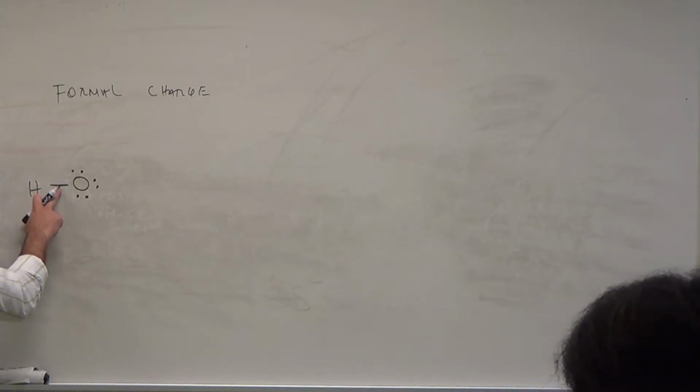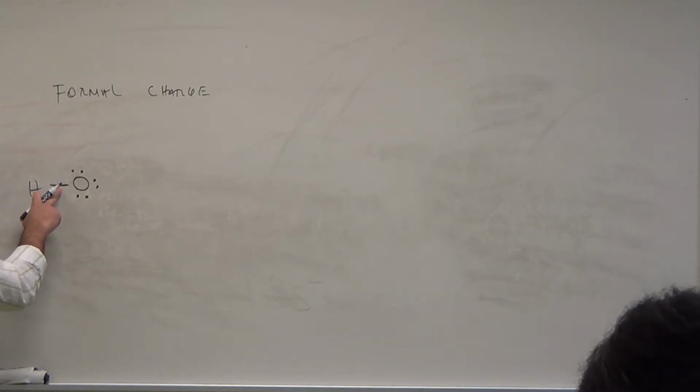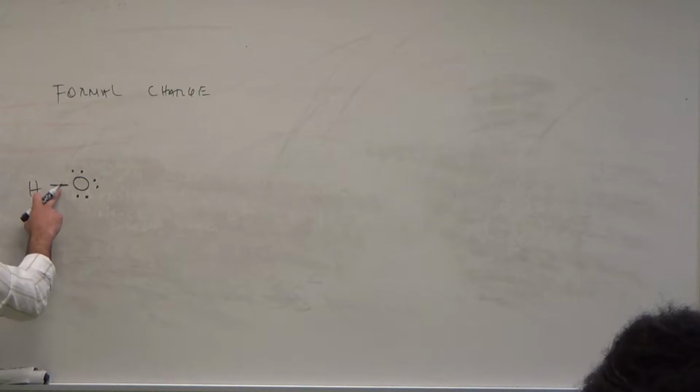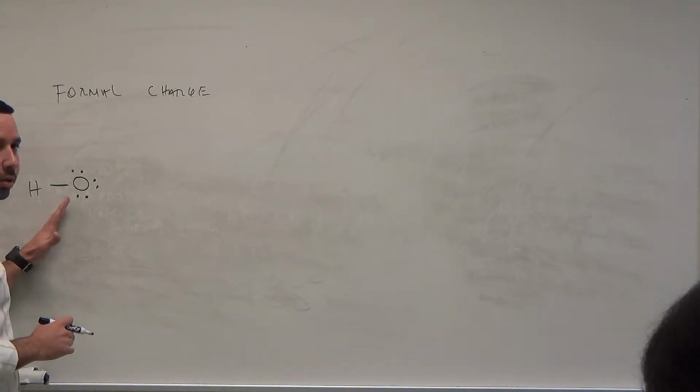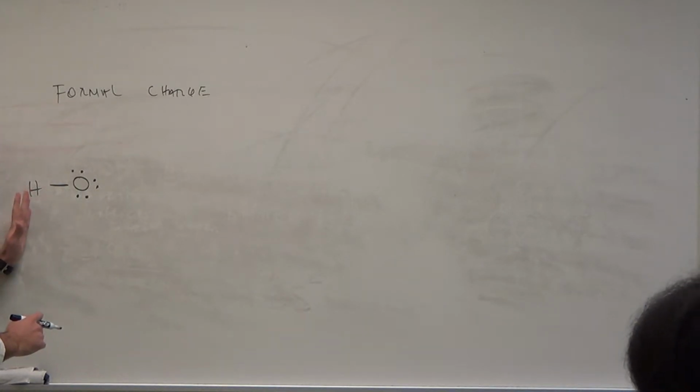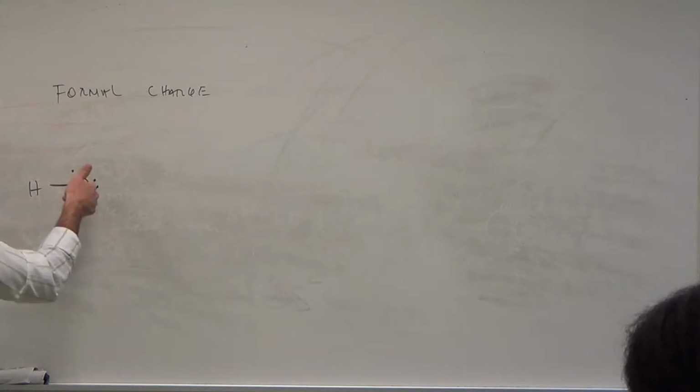A bond is composed of 2 electrons. So that line there is 2 electrons. Do these 2 electrons belong to oxygen? Yes. Do these 2 electrons belong to hydrogen? They share. They're sharing. So these 2 are on the oxygen as much as they are on the hydrogen. It's called sharing.